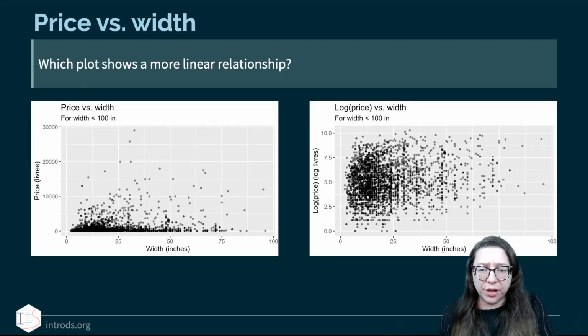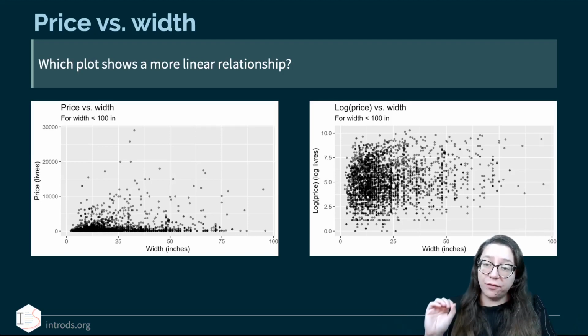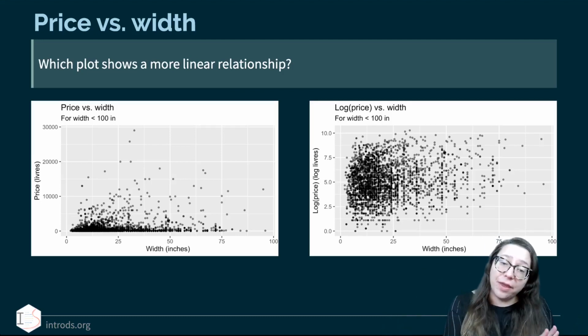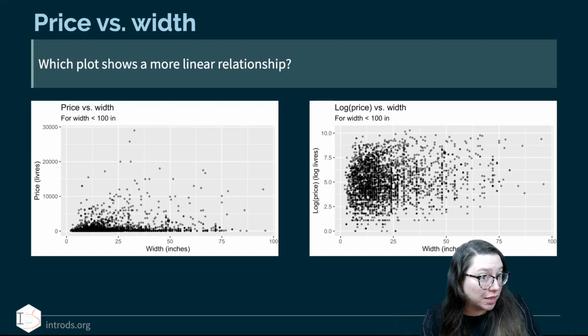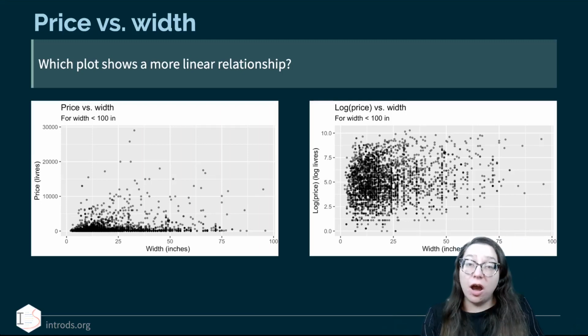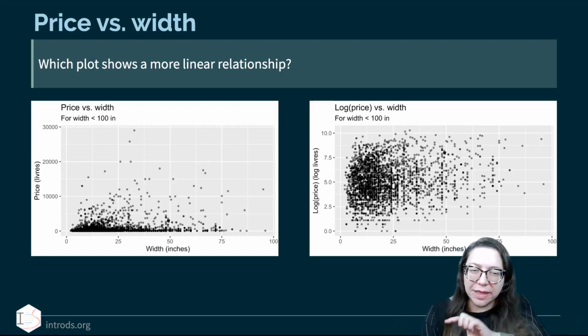Here on the left-hand side you can see the plot for the prices versus the widths for those paintings. And on the right-hand side is what happens if we take the natural log of the prices and then plot that against the widths. We can see that there's more of a linear relationship in the plot with the natural log.